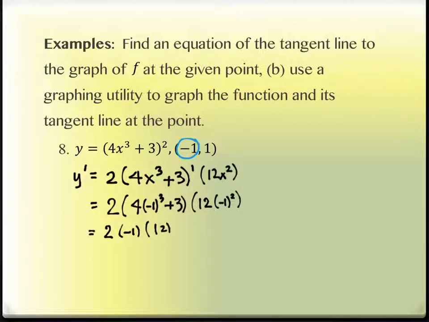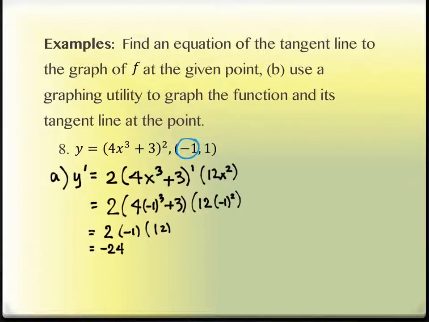So I just have 12 at the end. So I have 2 times -1 times 12, which would be -24. And if you want to confirm that -24 is the right value here, you could use deriv. That'd be okay.